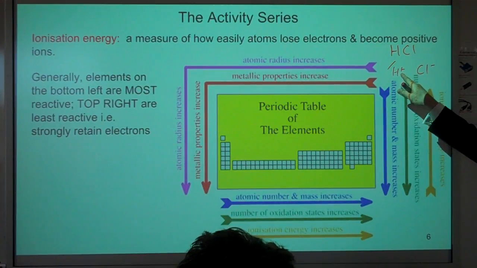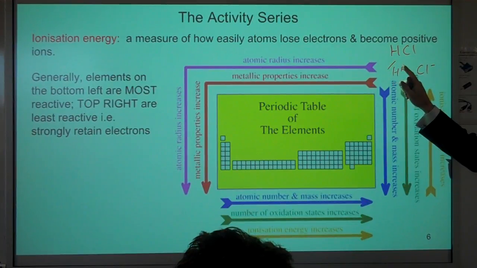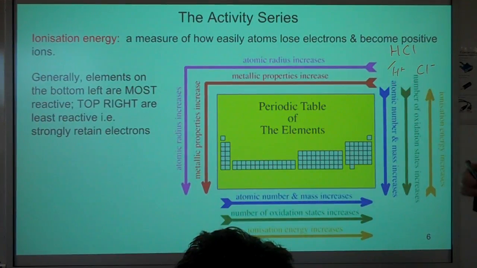And isn't H plus basically a proton? It is a proton. It has no electrons. And how attractive is a raw proton to electrons? It is massively attractive to them. So what would happen, I'm sure I went through this with you guys, if I dumped a bucket of just exposed protons onto the back of your hand?